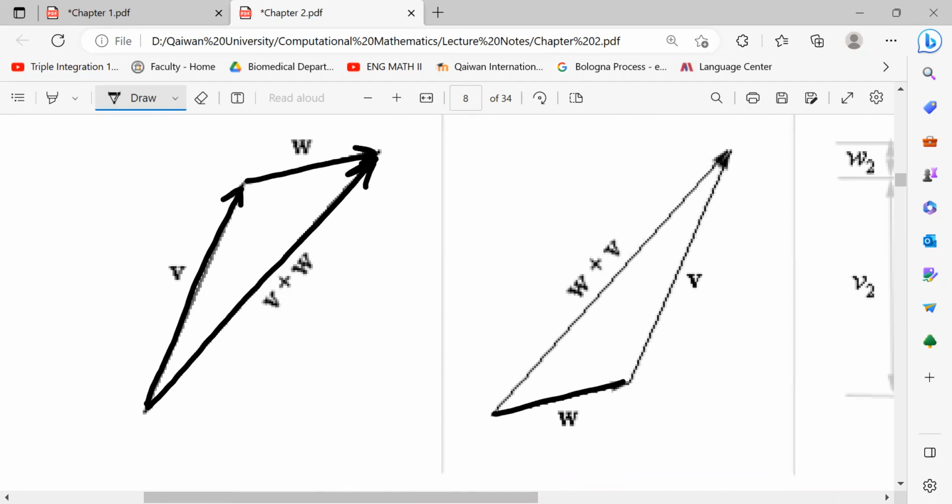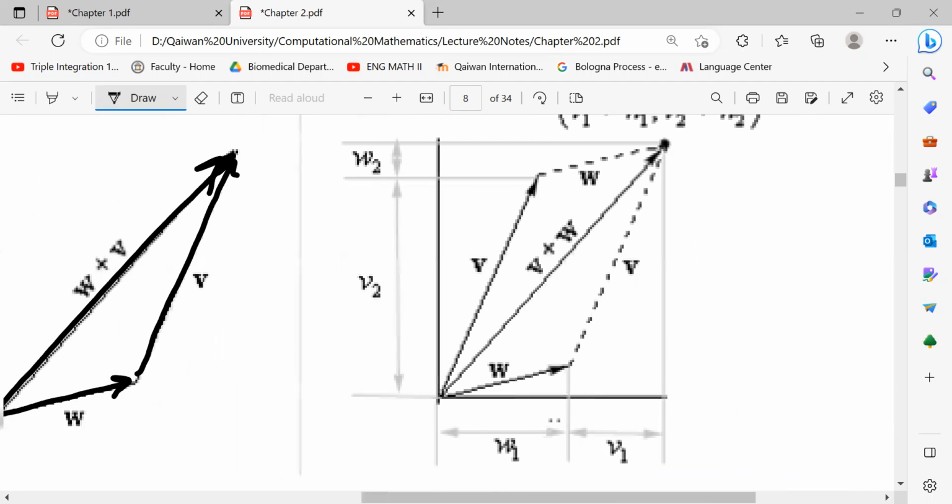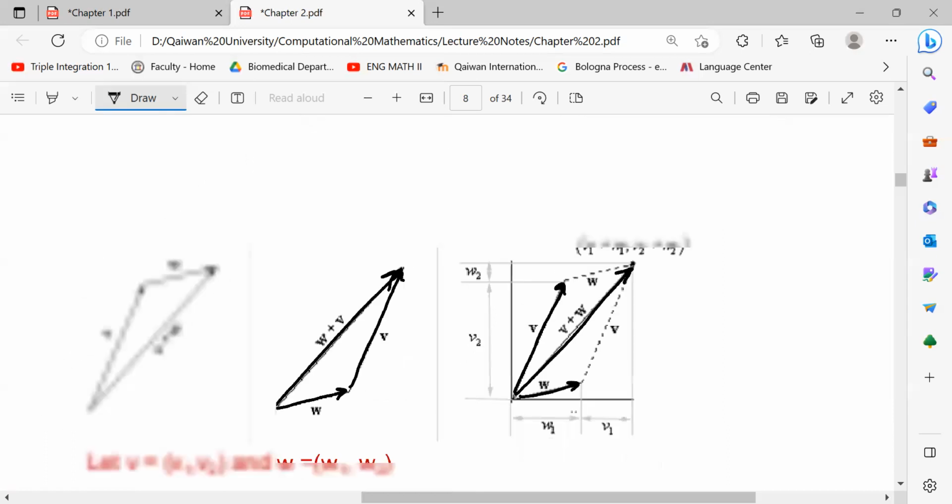If W is in this direction and V is in this direction, then W plus V is in this direction. If W is in this direction and V is in this direction, so V plus W is here.